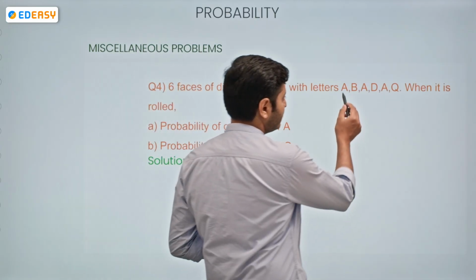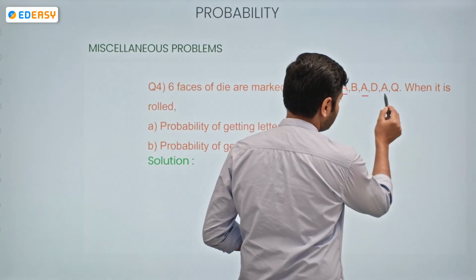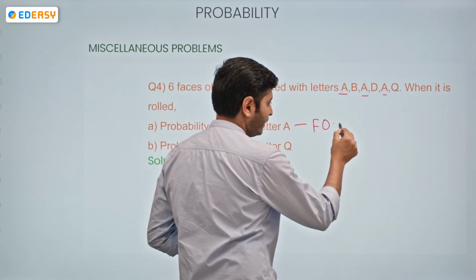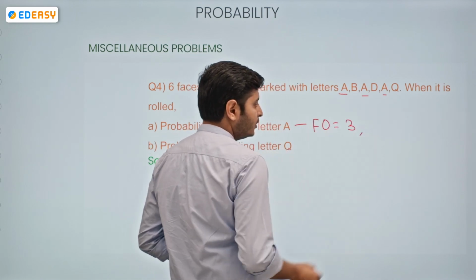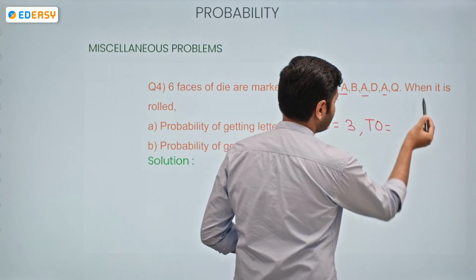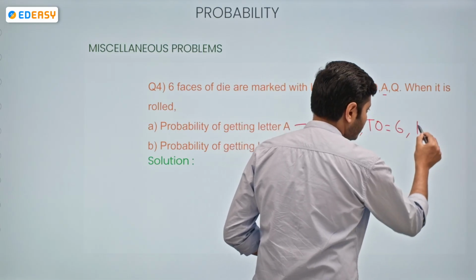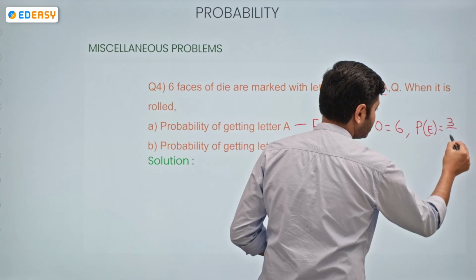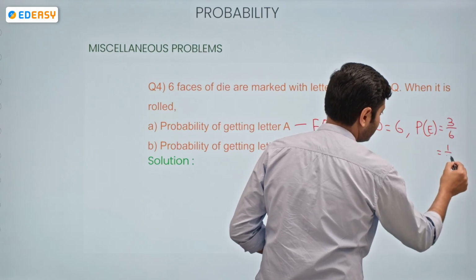How many faces can show you A? 3 faces. So the favorable outcomes here is 3. Total outcomes here is 1, 2, 3, 4, 5, 6. So the probability of this event to happen is 3 by 6 or simply 1 by 2.